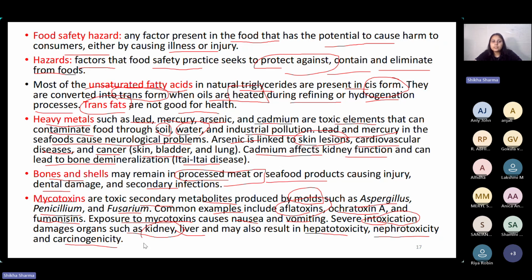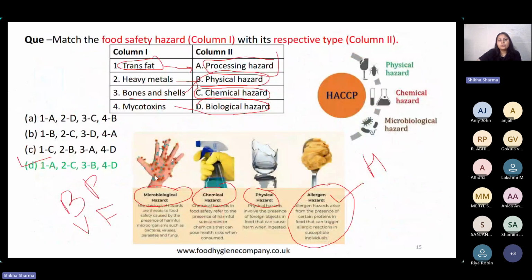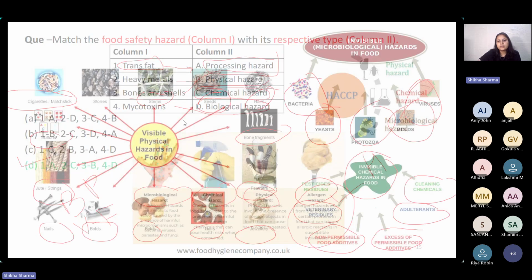So they can cause mild to severe symptoms. So here trans fat is a processing hazard, heavy metals are chemical hazards, bones and shells are physical hazards, and mycotoxins are biological hazards.